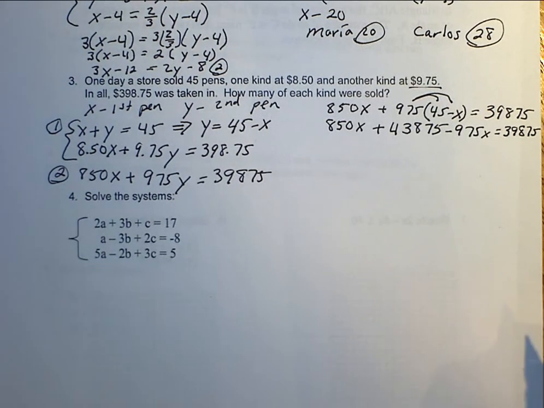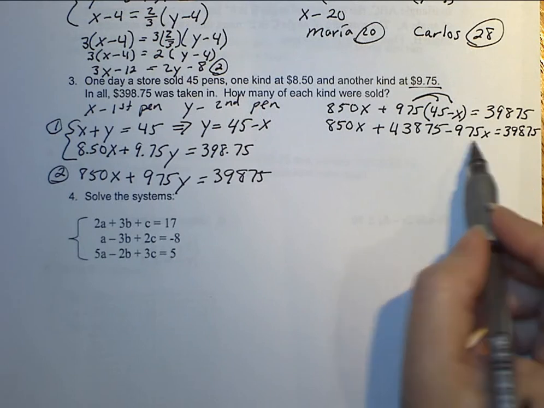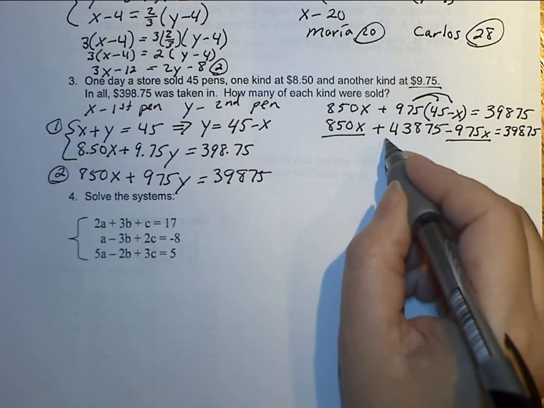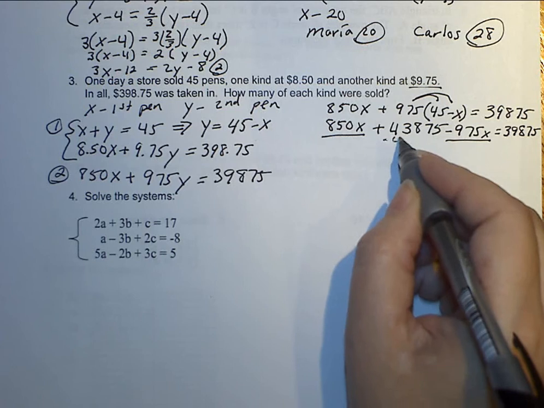Alright. Then we combine like terms. So I'm combining this with this. And I'm going to take this to the other side. I'm going to subtract my 43875 from both sides.